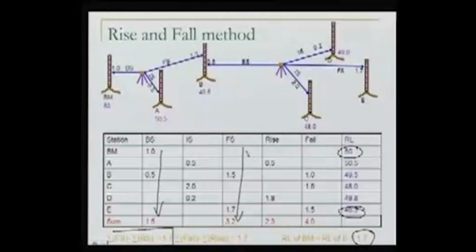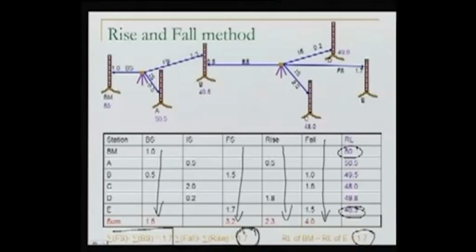If you find the difference of these two, that should be the same as how much the first point is higher or lower than the last point. So this is what we are doing here. We find the sum of rise, the sum of fall, and find their difference, and this difference also comes out to be 1.7.